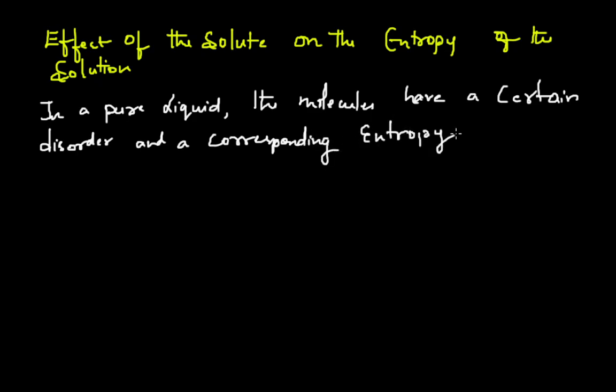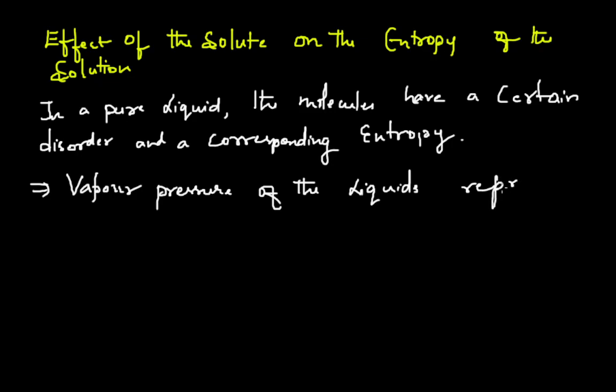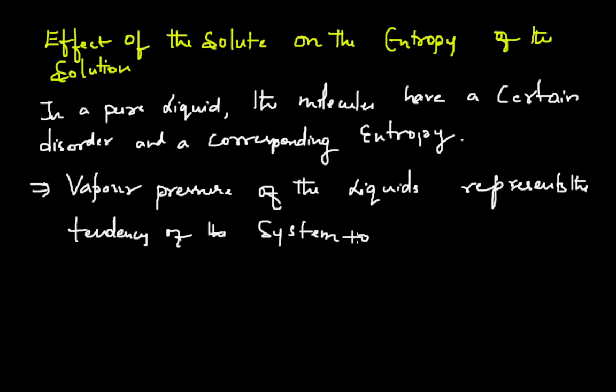Fine. So vapor pressure of the liquid represents the tendency of the system to reach a higher entropy.